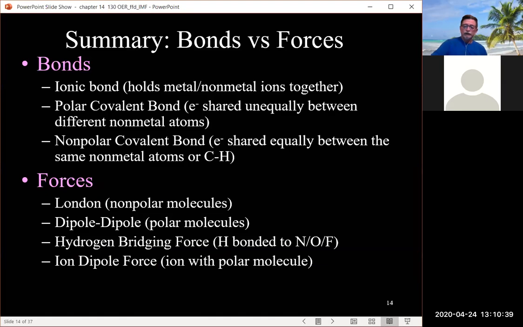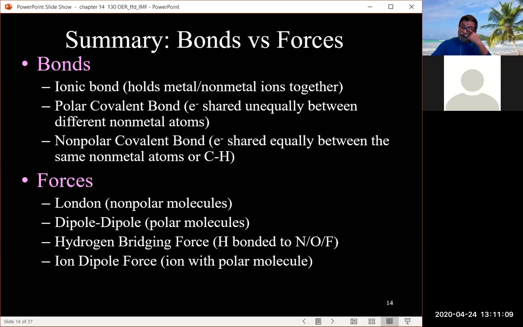Now let's summarize some things. Bonds. We're going to have ionic bonds. Refresh your memory on those. That is a combination of a metal and a non-metal. Second of all, ionic bonds have a full-fledged charge, either a full-fledged positive or a full-fledged negative. Now, polar covalent bonds, that's the sharing. Covalent bonds are the sharing of electrons.